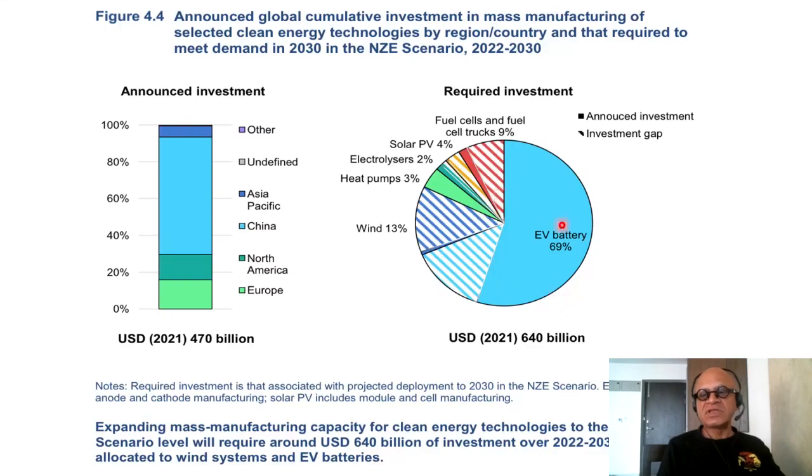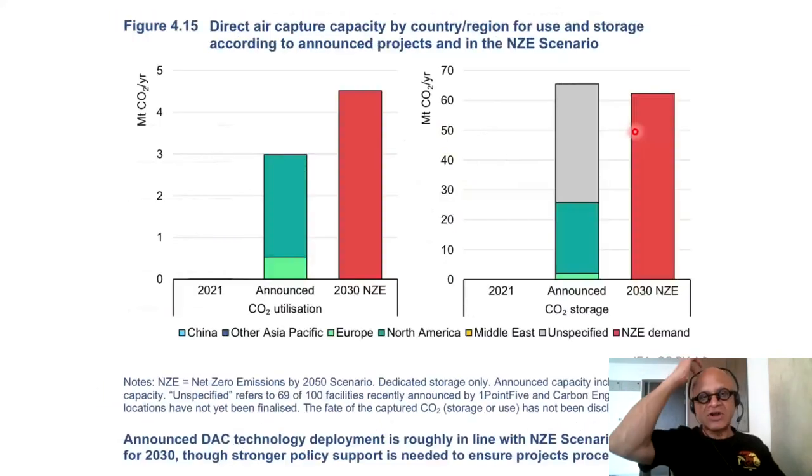So EV batteries contribute 69% of the gap in the required investment compared to what's announced, and then you have others adding like wind, solar, fuel cells, and so on and so forth. Okay, this is going to be a constant battle in terms of what countries are seeing as necessary and announcing investments versus what actually is needed by meeting the net zero emission scenarios.